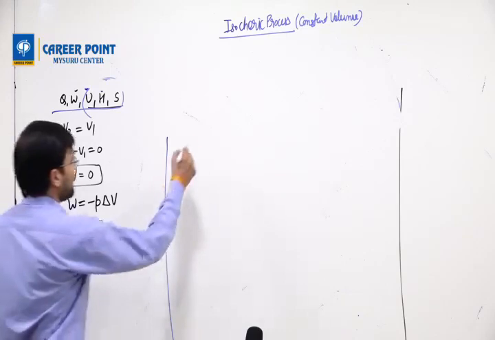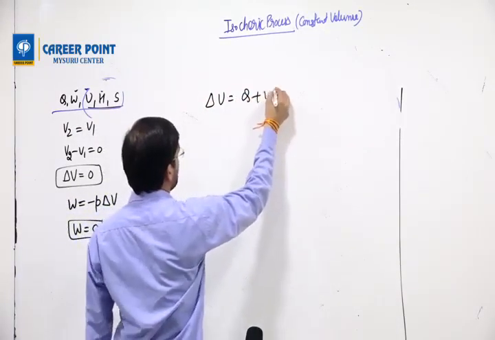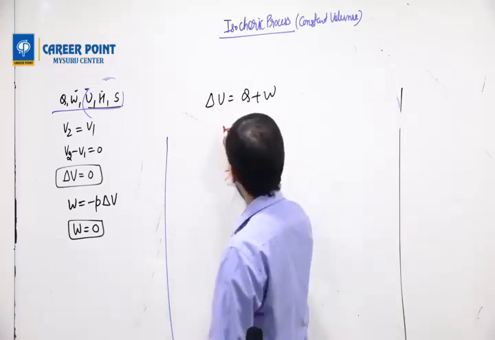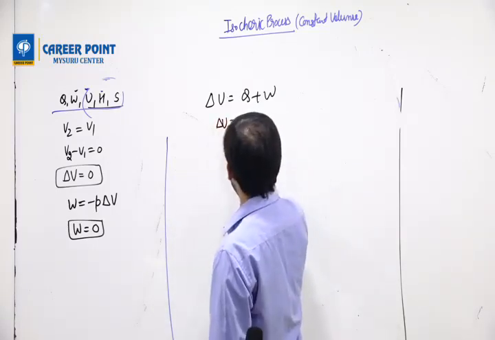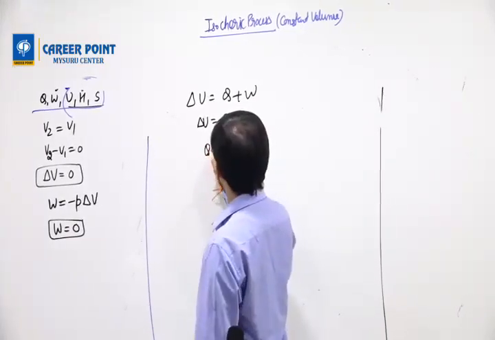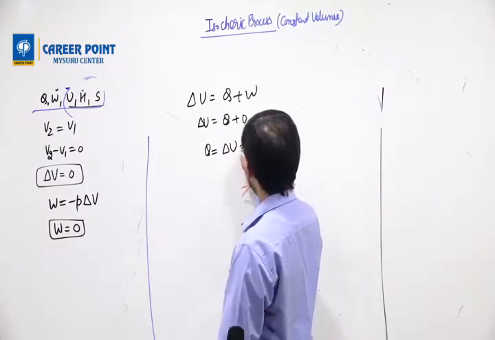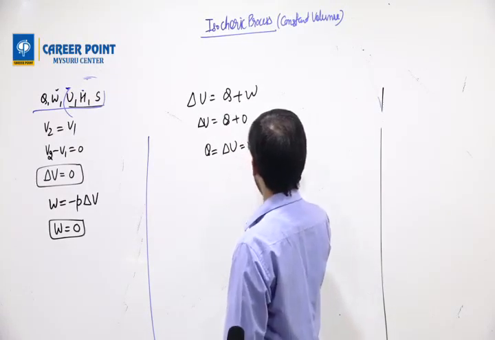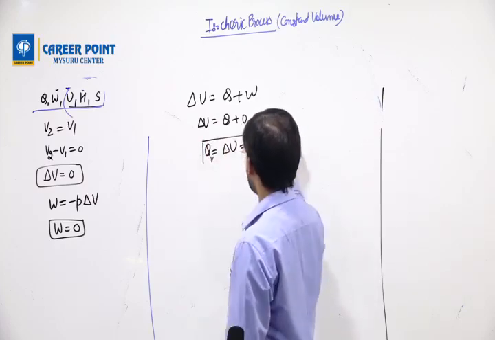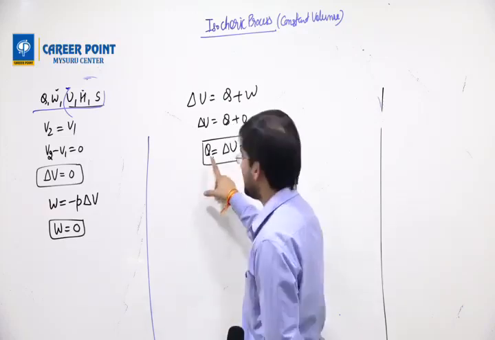Once you have W 0, then what happens? Then I have delta U equals Q plus W, and now delta U equals Q plus 0. It means Q equals delta U. Now delta U has a formula nCV delta T, so this becomes QV. What does this mean?